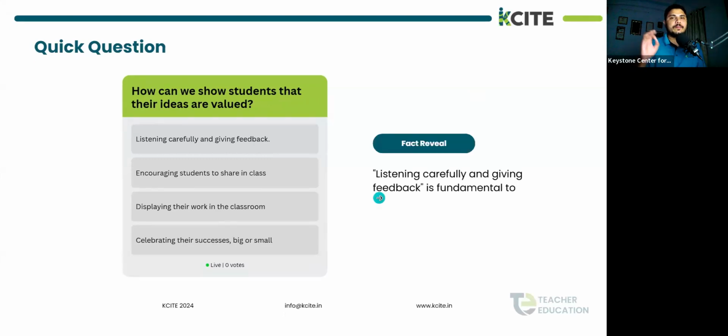But the most important thing to understand and remember is that listening carefully and giving feedback is fundamental. Sorry for the typo. That is fundamental. When the learners feel that the teacher is actually listening to their ideas, listening carefully to their suggestions and feedback, that is when they feel, I am valued in the classroom.